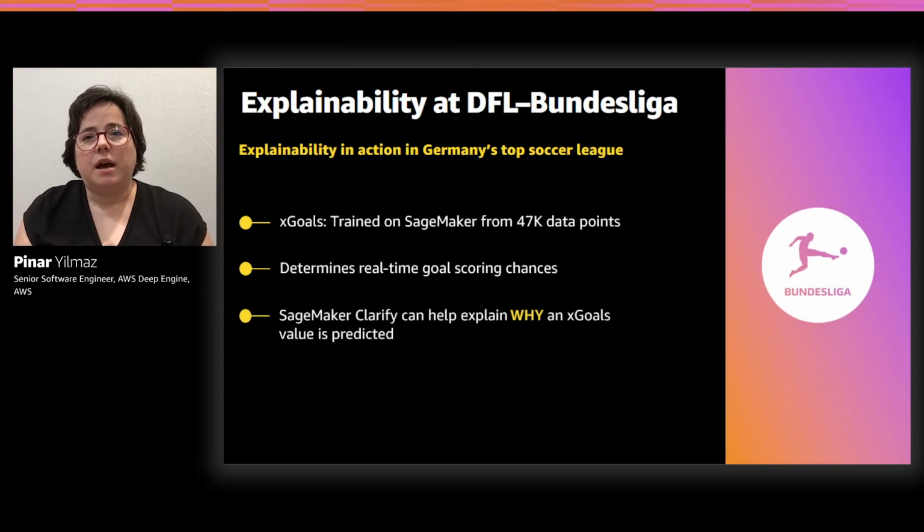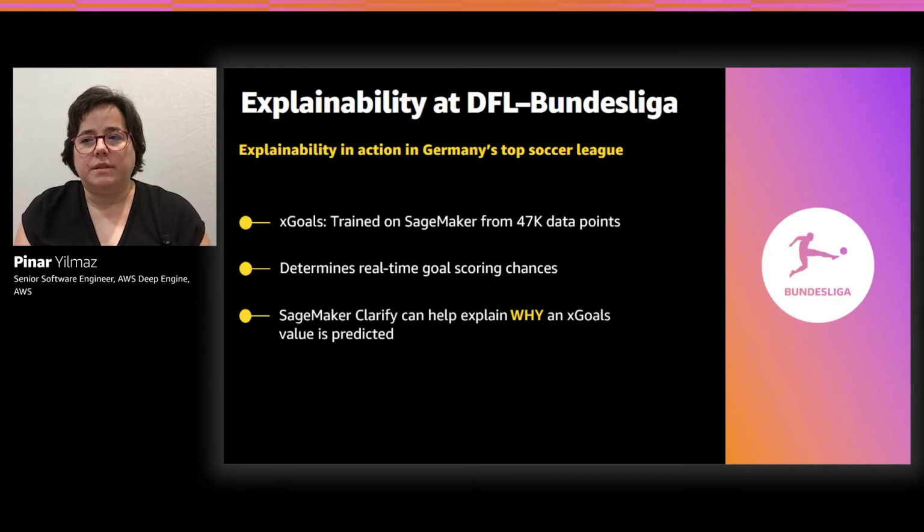Let's talk about how DFL Bundesliga uses explainability in practice. Bundesliga Match Facts are powered by AWS, and provide a more engaging fan experience during soccer matches for Bundesliga fans. xGoals, which is short for expected goal statistics, uses a machine learning model trained on Amazon SageMaker, and it allows determining real-time goal scoring chances based on 16 different factors.